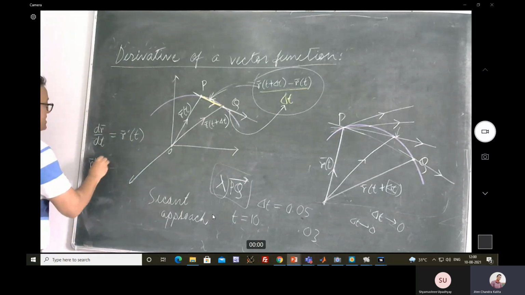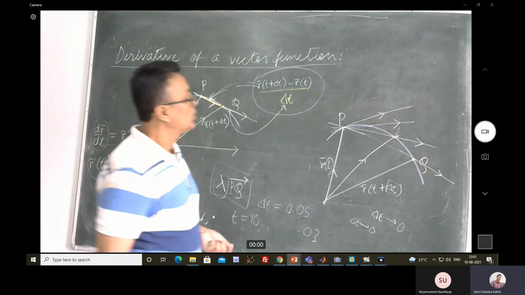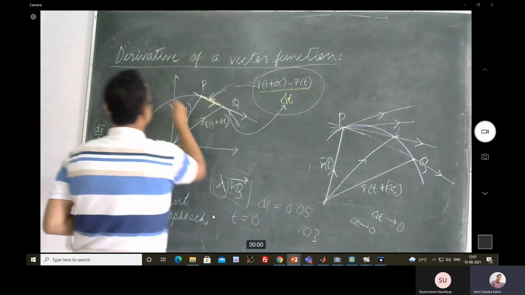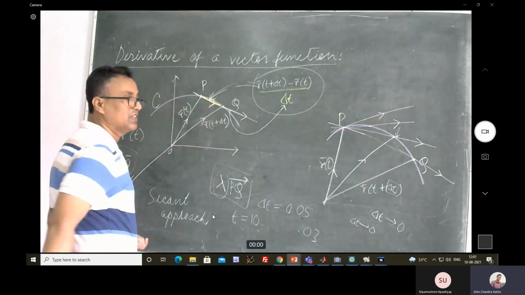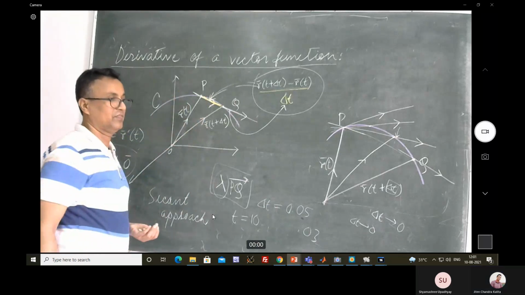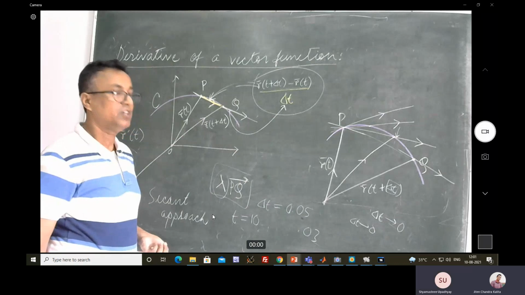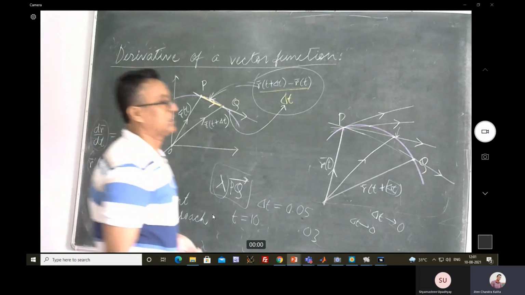If r prime(t) is not equal to the zero vector, then this derivative defines a tangent to the curve C at the point P. So this is the geometrical interpretation of the derivative of a vector function.